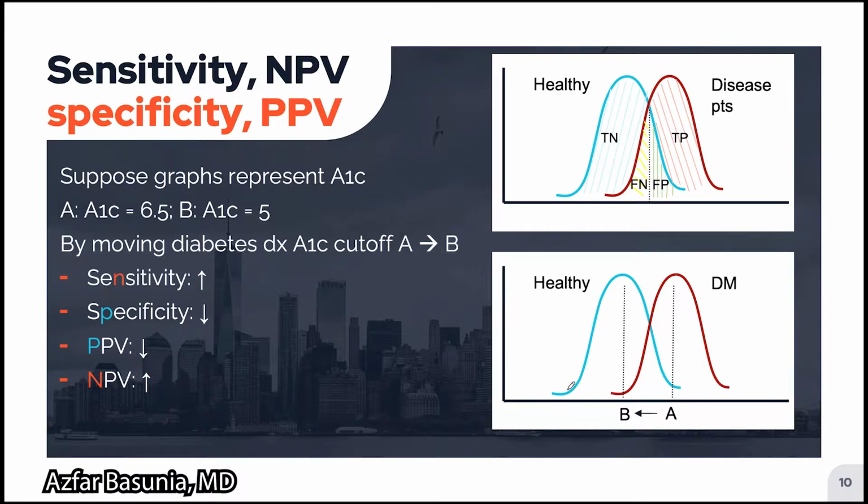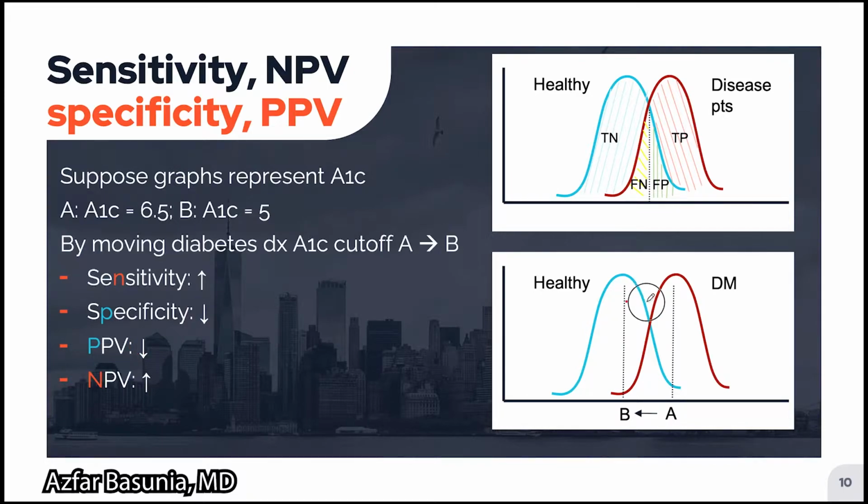Conversely, we will also stop classifying healthy patients whose A1C may be on the borderline, such as 5.2, 5.3, 5.4, etc. Thus, the true negative rate will be lower, which means the specificity will be lower. And since the P's move together, the positive predictive value will be lower.